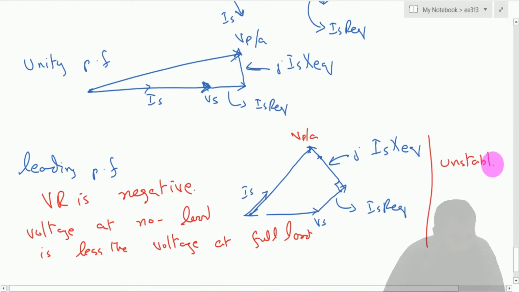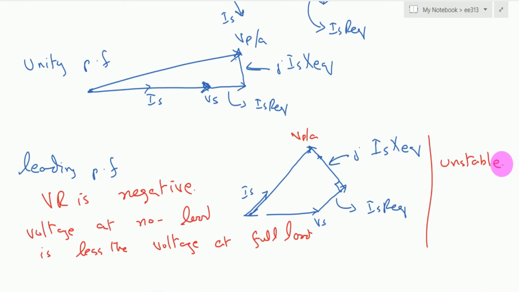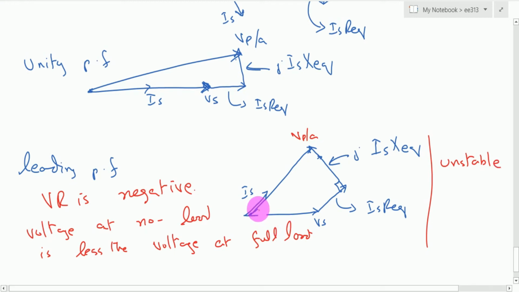Why is it unstable? Because there might be many loads that will draw more power when the secondary voltage is more than their rated value, and therefore they will draw more current, which will increase this particular vector and thereby increase this Is R equivalent. And as we have more of this Is R equivalent, we have lesser primary voltage as well.